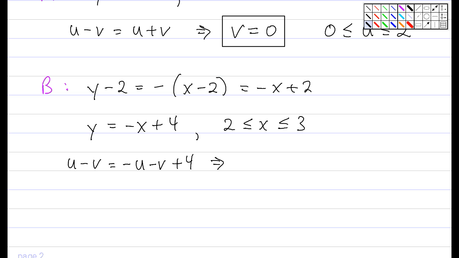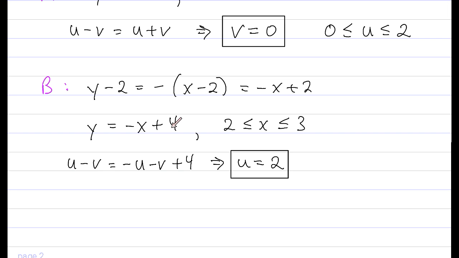Okay, I've got a minus v on both sides, right? Minus v there, minus v there. That's going to cancel. I'm going to bring this over. I'm going to get 2u is equal to 4. Therefore, u is equal to 2. And that's our result for this segment. So this line, y equals minus x plus 4, corresponds to the line u equals 2. Now, once again, that's an infinite line. So we have to figure out what are our restrictions on v.